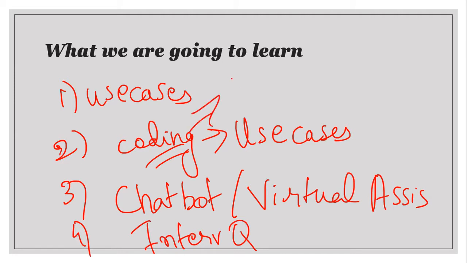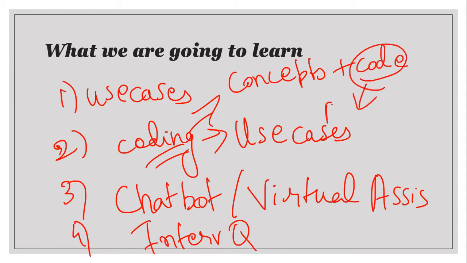In the coding, we will learn the concepts and then we will code. So in the coding, first we will deal with the basics and then we will try to solve a use case, or you can say a real-time problem statement, and how we can do that with the help of coding. So suppose I'm learning a concept, I've learned the concept and then I will try to apply it in real life.